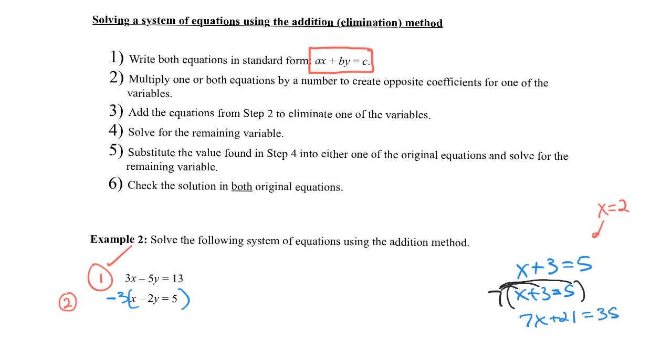So the question is, is this still the solution? And you can plug it in to see. If I plug in a 2 here, I'm going to get 7 times 2 is 14. 14 plus 21 is 35. So it's still a solution. So when you multiply the whole equation by a number, it doesn't change the answer. So that's why we're okay to do this.